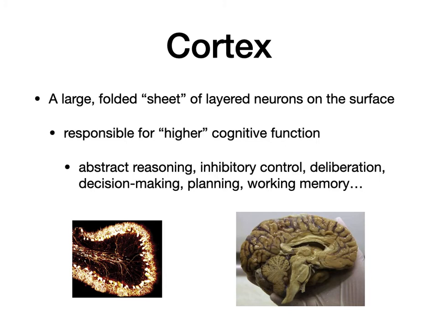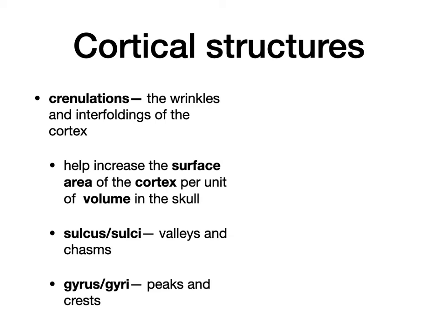So what are the different structures within a cortex? Cortical structures. Crenulations, that's the term. These are the wrinkles and the interfoldings of the cortex. Like I was saying before, the fact that they fold up helps to increase the surface area of the cortex beyond the surface area of the skull.